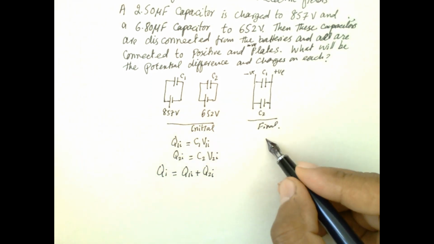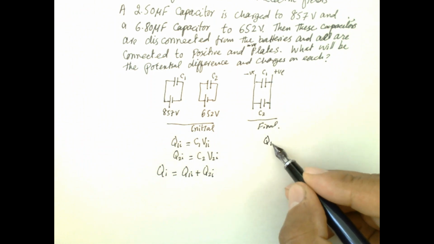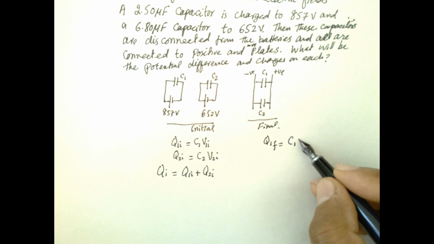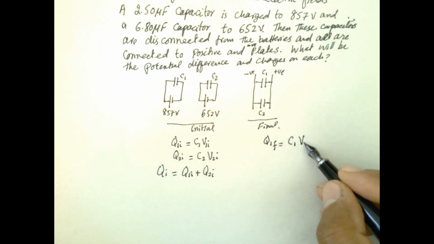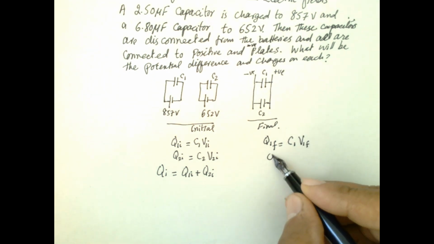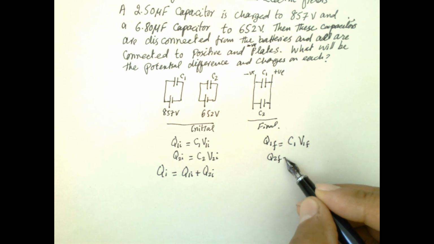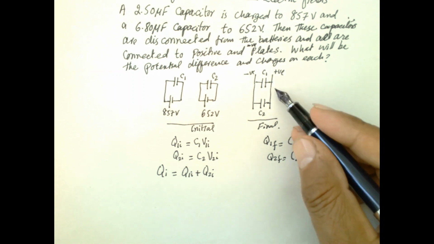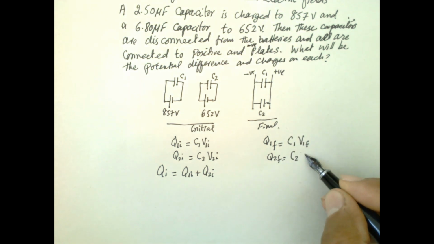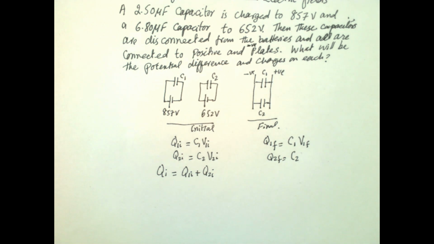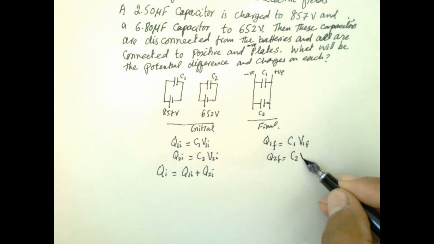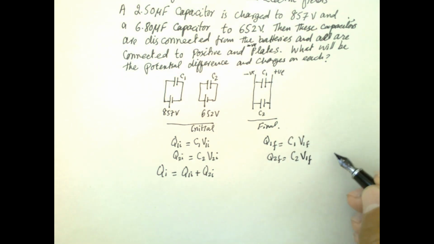Similarly, final Q1F is equal to C1 V1F. Q2F is C2 V2F, but now the voltage is the same, so V2F is equal to V1F.